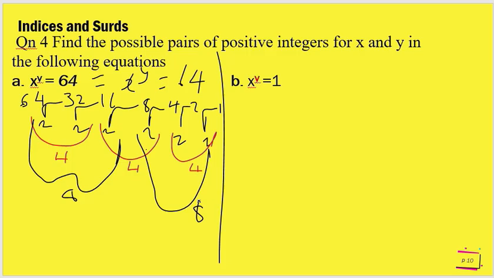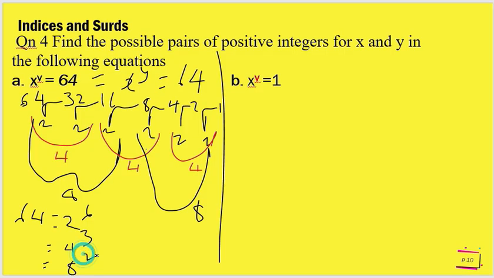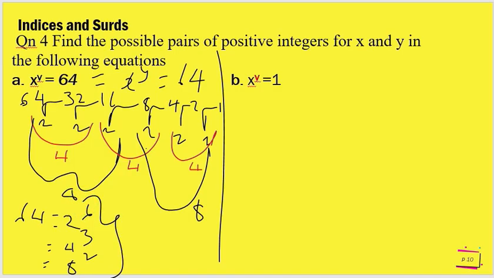We can write 64 as 2 power 6, can also be written as 4 power 3, can also be written as 8 power 2. So therefore, all these are the categories or the possible integers of x and y.